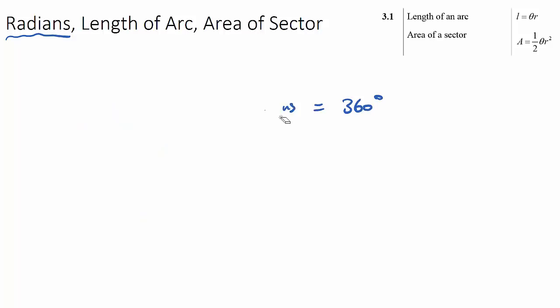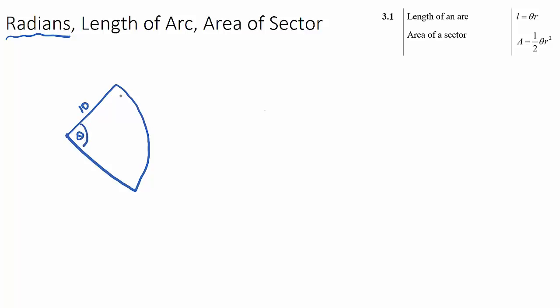If we have a sector of a circle, I'm just going to draw one here, where the radius of this sector, which will be from the middle out, let's say is 10, and the angle here we don't know, let's currently say this is theta, and we know that the outside arc length, this L, will be 20, and we'll give these centimeters.